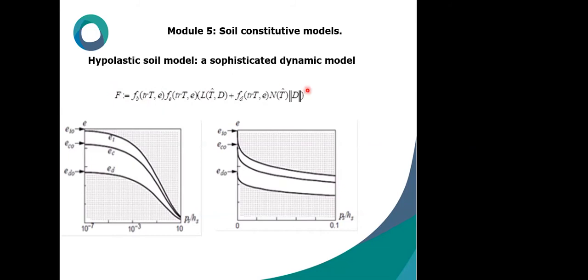This is the rate-dependent equation. It is strain rate dependent, and these diagrams show the logarithmic and linear relation between parameters p_s, e_i, e_c, e_d, which are pressure, initial void ratio, critical void ratio, and minimum void ratio.